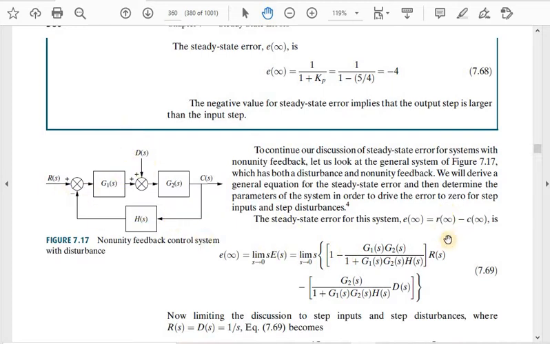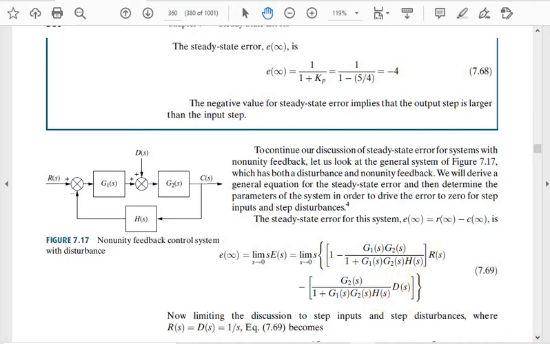So it becomes the error due to input and the error due to disturbances. We know that the error is based on input minus output. So when we calculate the transfer function, we have the error due to input and due to disturbances.